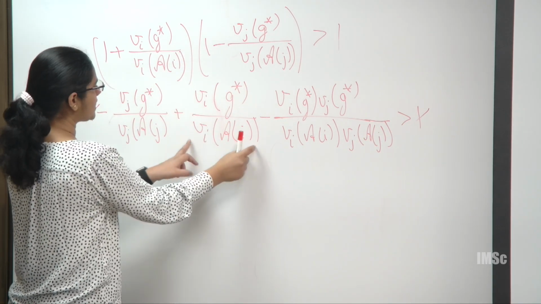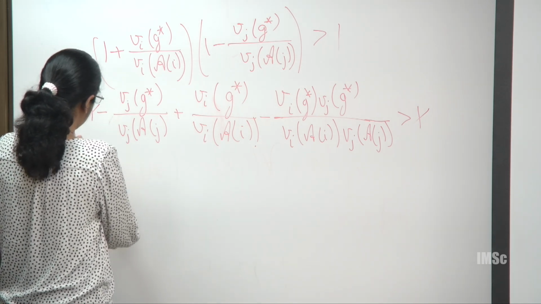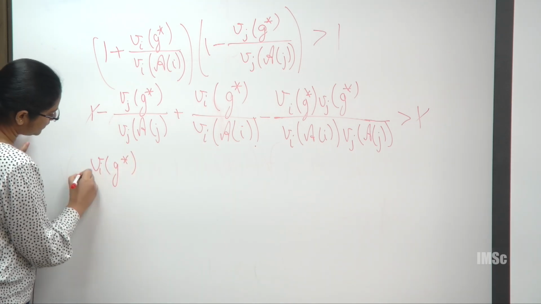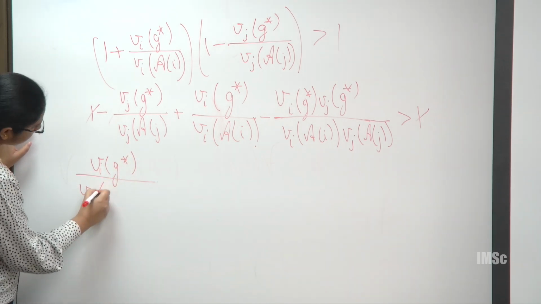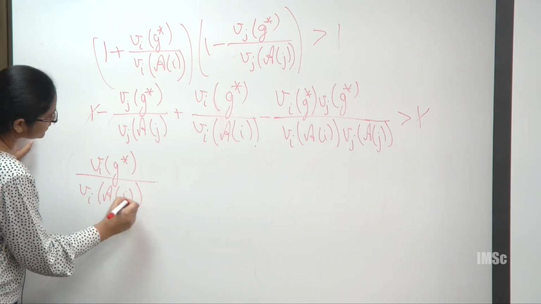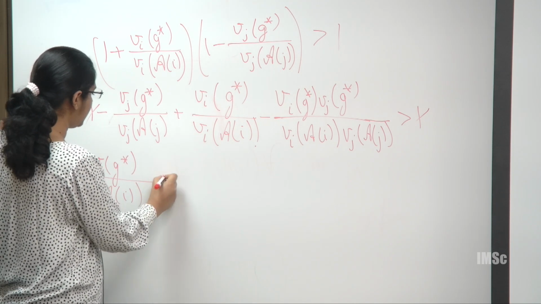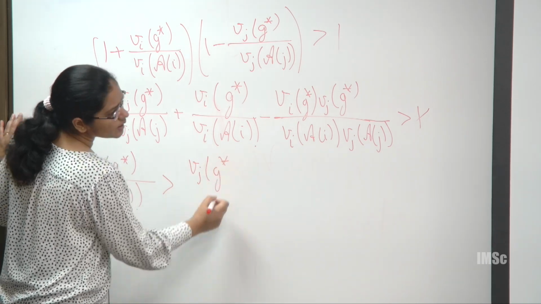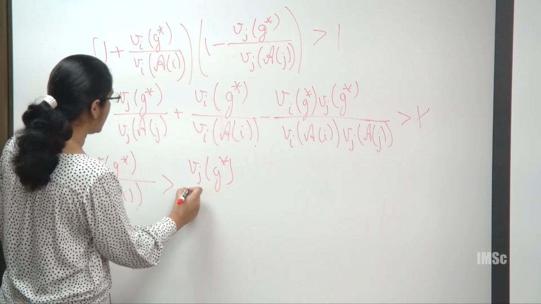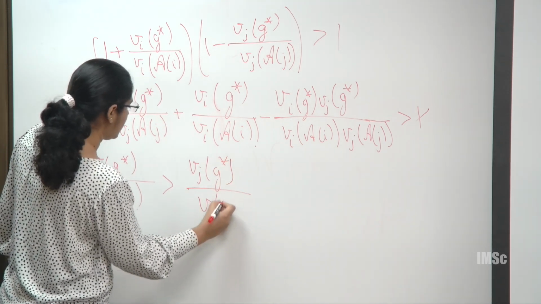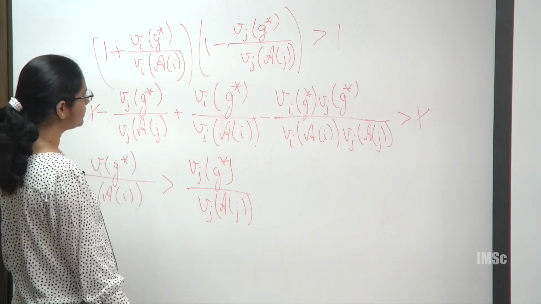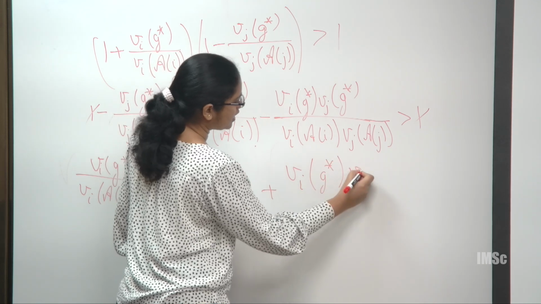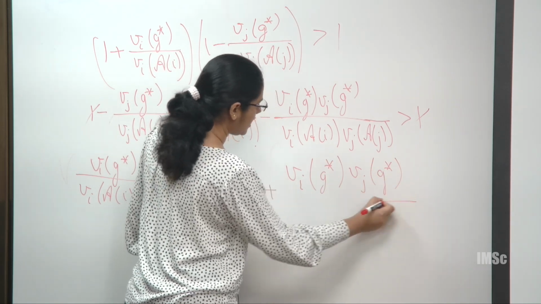What I want to show now is that Vi G star over Vi Ai is greater than, it is strict, Vj G star divided by Vj Aj plus Vi G star times Vj G star.